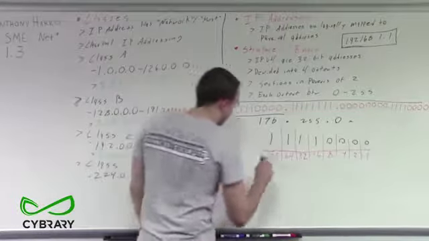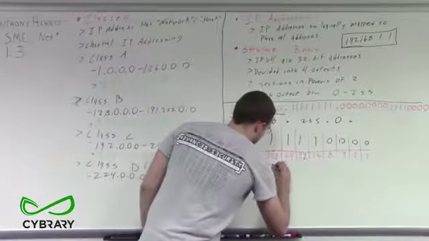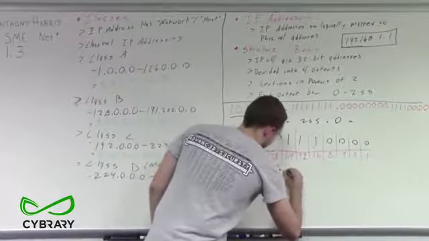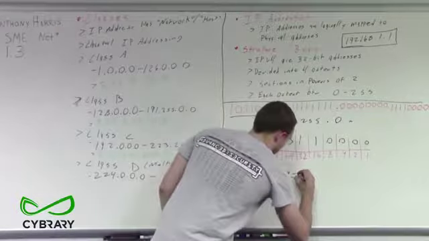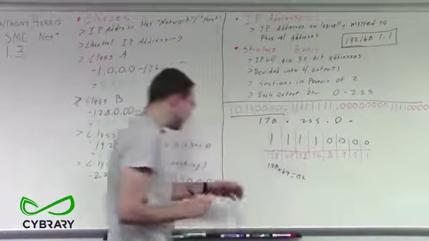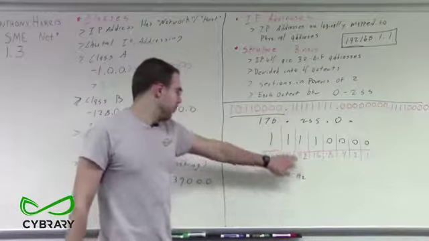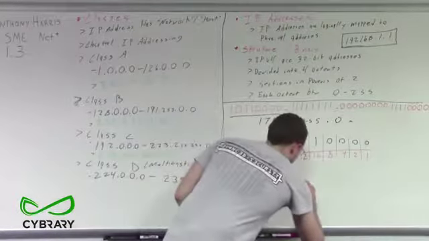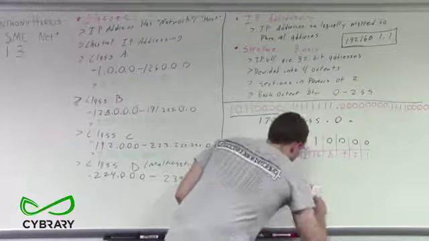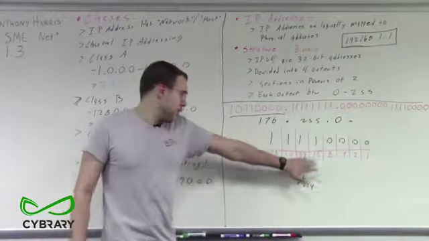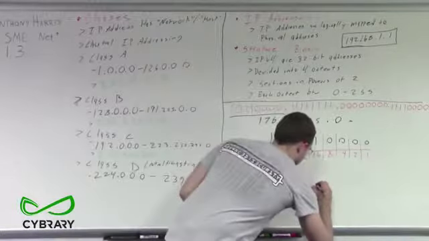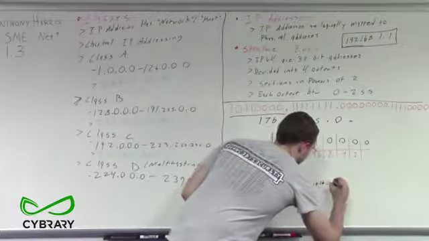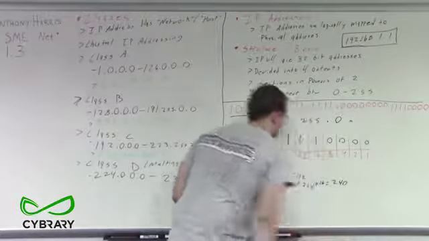So let's take a look at our math for this octet. 128 plus 64 gives us 192. Now 192 plus 32 gives us 224. And then finally 224 plus 16 gives us 240.